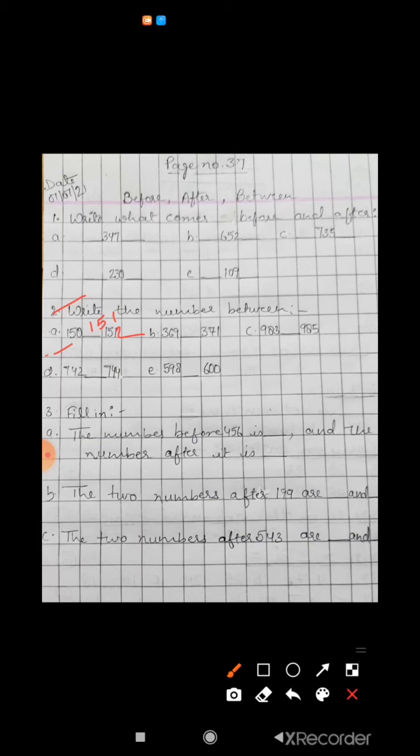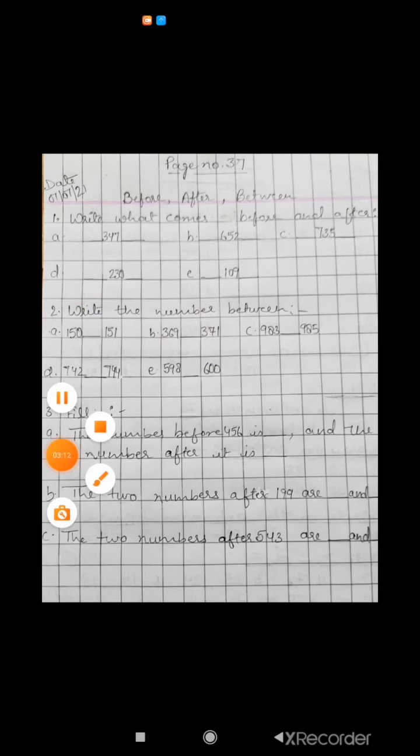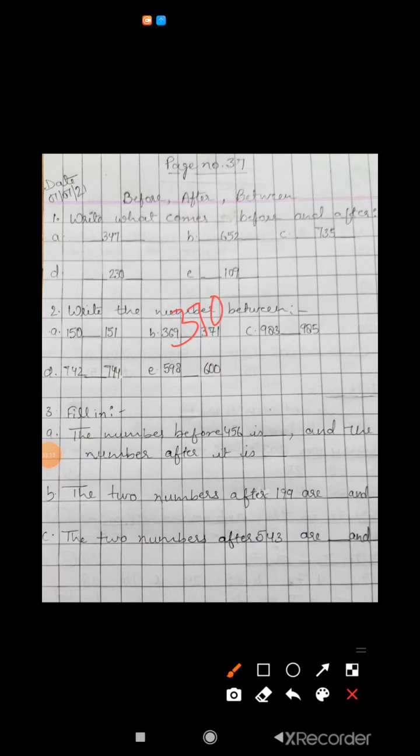Now B part, the question is 369 and 371. What will you write here in between these two numbers? 370.